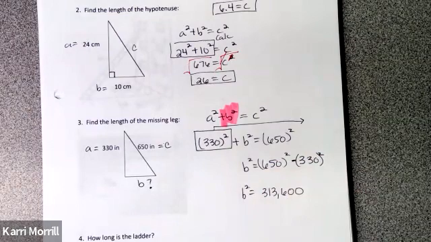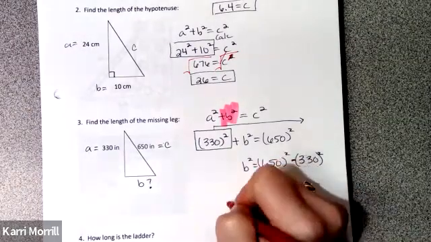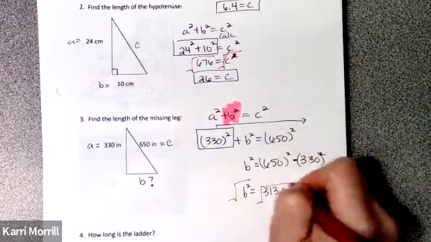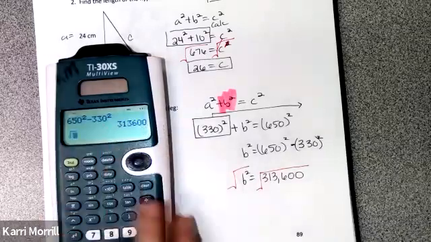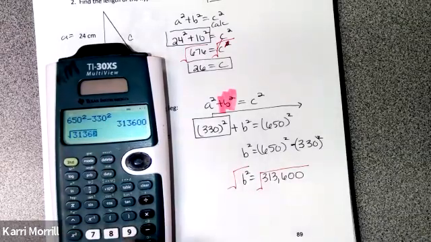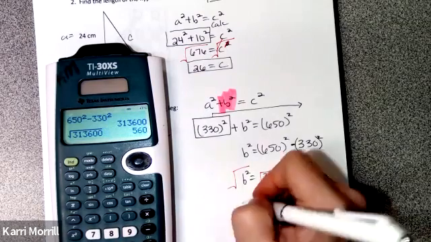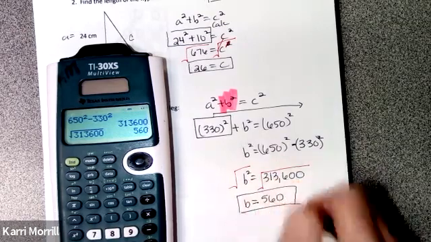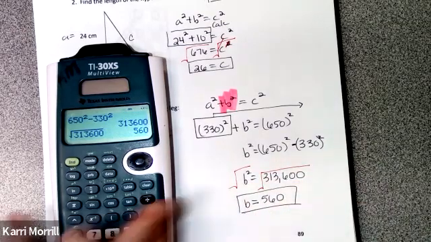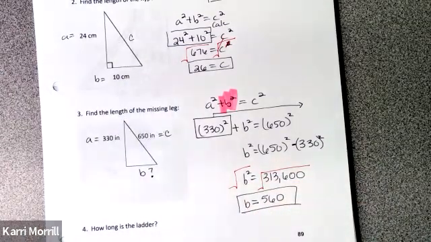So if I want to know B, not B squared, don't I go take the square root of that? Which is 560. So that one's a perfect square too. So really, I like to just type it in.